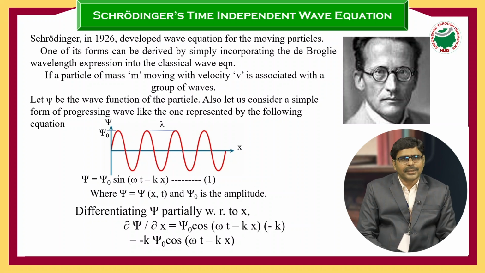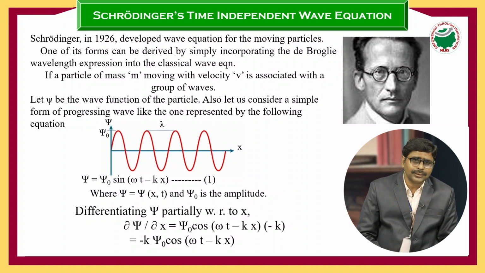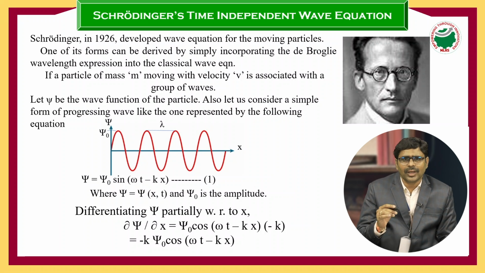Particularly, we are representing the particle. A particle has mass, denoted by small m, and it is moving with a velocity v. When you consider the particle moving like a wave, the Schrodinger's wave function should be continuous.